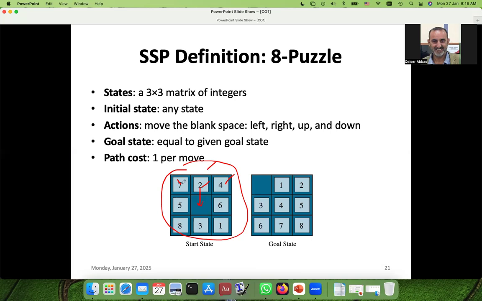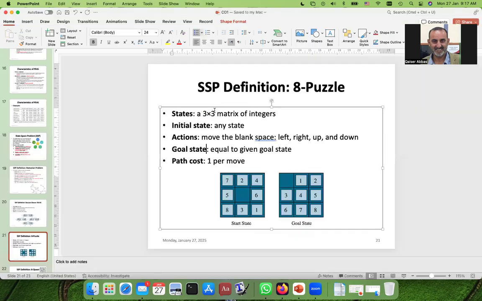In this way, you can consider that there are many different possibilities of states. And how many rows and columns do you have? 3 cross 3. So you can write any 3 cross 3 matrix.